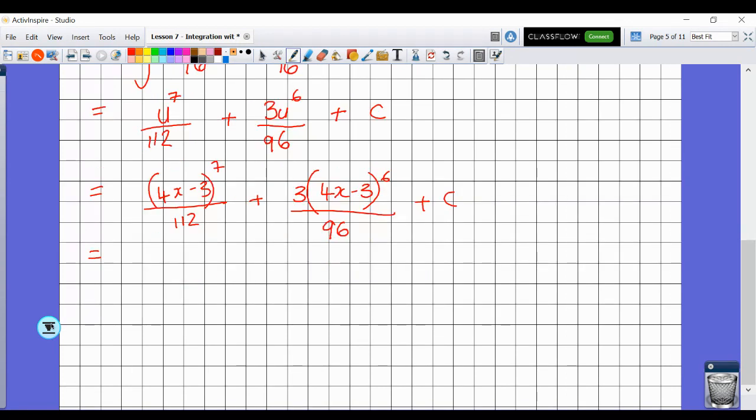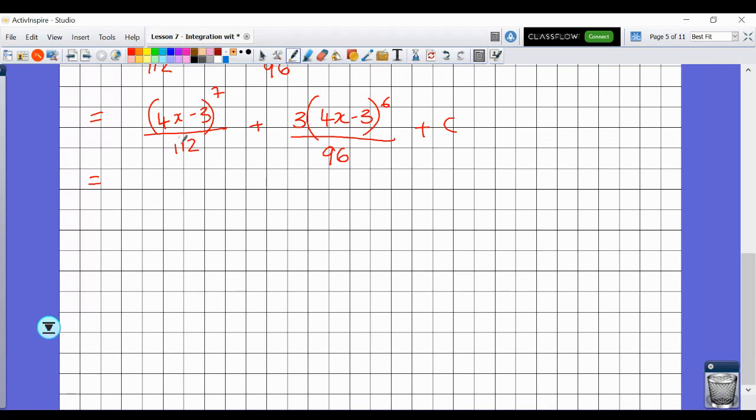Okay, sometimes it says just integrate. So if it says just integrate, then we're finished. However, if it says integrate and simplify, then we're obviously not finished at this stage because I can see a highest common factor. And not only that, this fraction here, the 3 over 96, can be simplified. So both of them can be divided by 3. So that obviously goes in once, and this goes in 32 times.